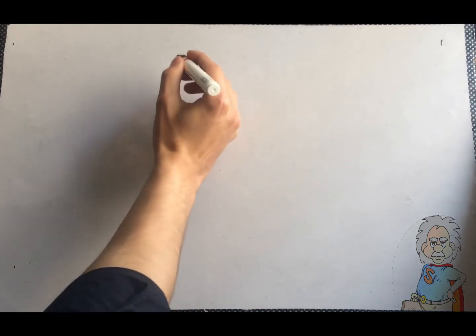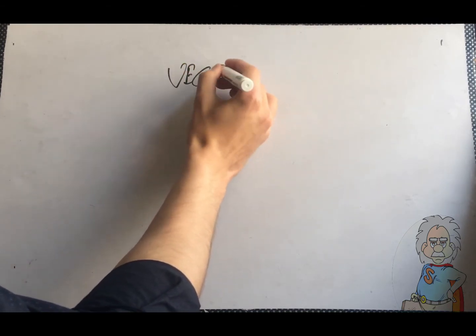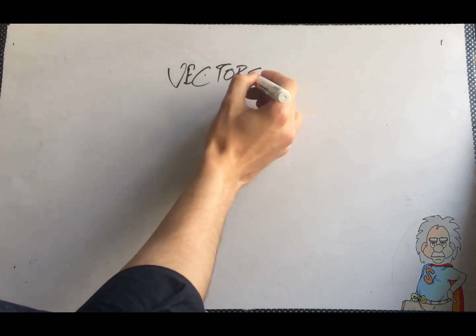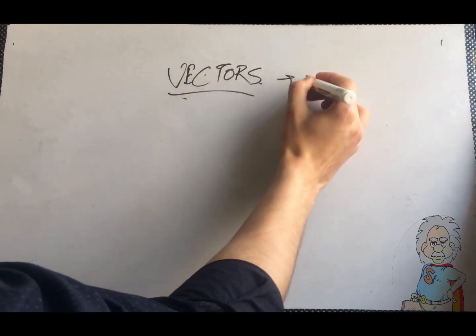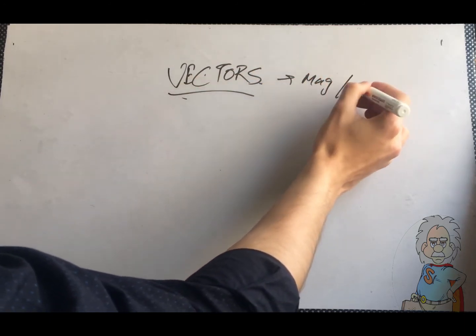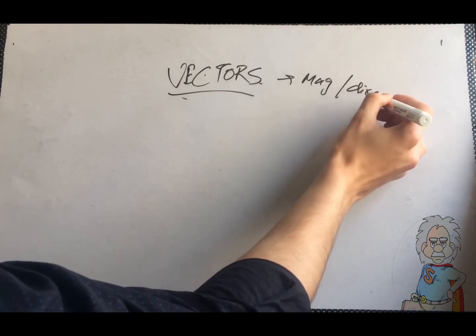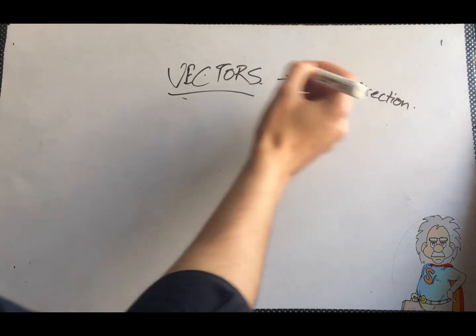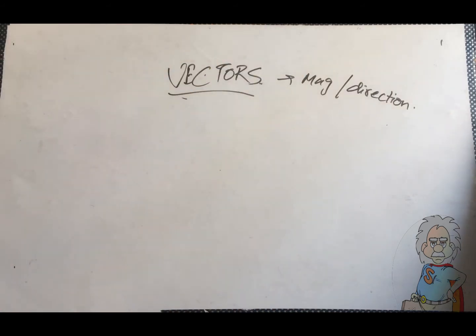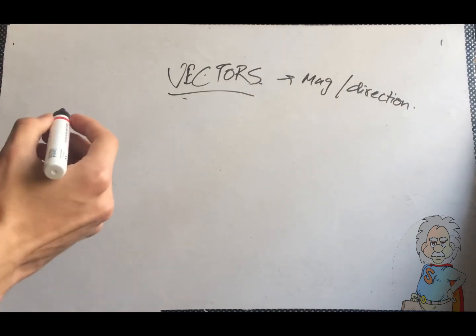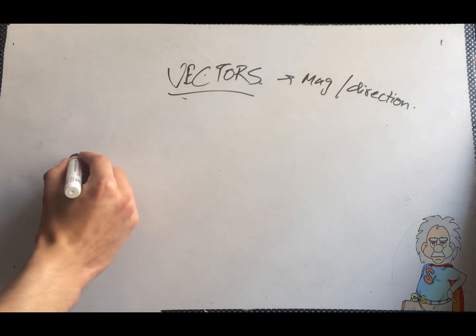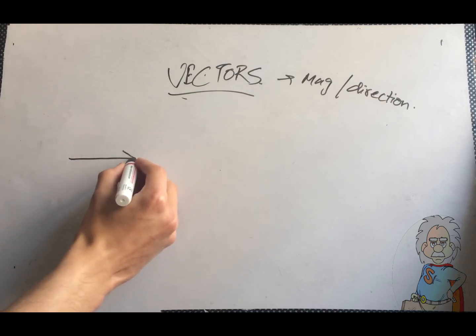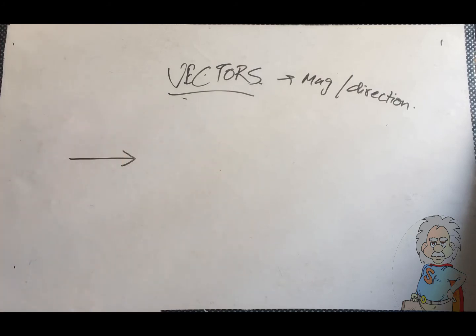So we talked about vectors, right? Vectors have magnitude as well as direction. Now we'll first see what a vector representation is. A vector is represented by an arrow like this.